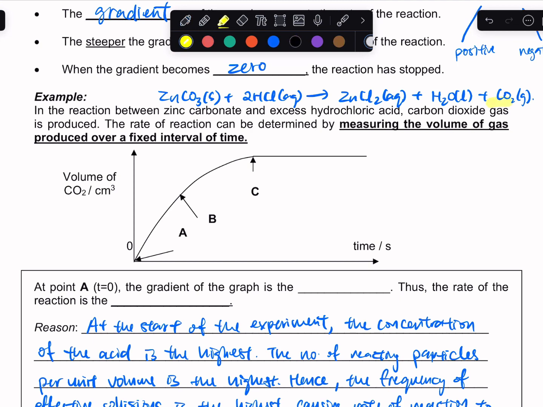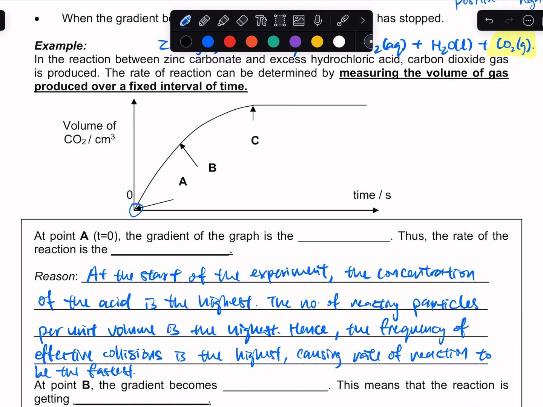So they are saying that this is the gas that's produced. We determine the rate of reaction by measuring the volume of gas produced over a fixed interval of time. It's always important to note where the graph starts. It should start at 0, because at the start of the reaction, there's no carbon dioxide. It is produced over time, and you can see that there are 3 points here.